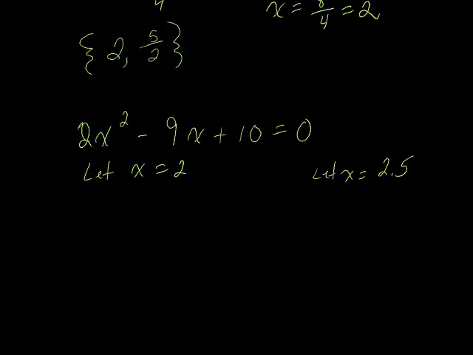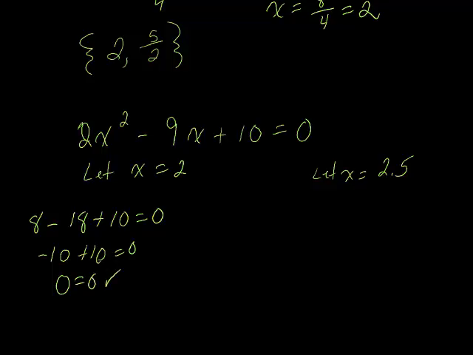For the sake of space, I'm just going to say 2 squared is 4, 2 times 2 is 8, 9 times 2 is 18, plus 10 equals 0. This gives you -10 plus 10 equals 0, and 0 equals 0.